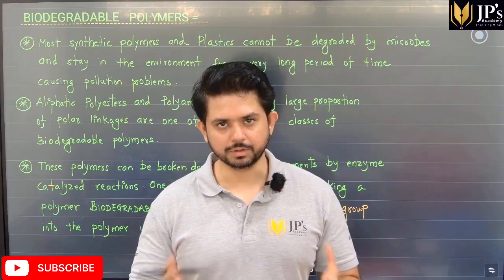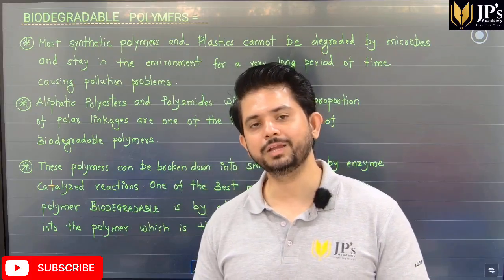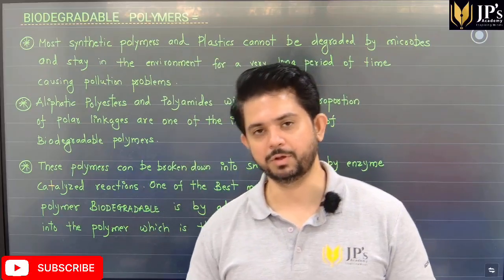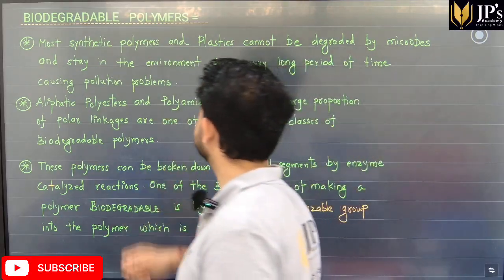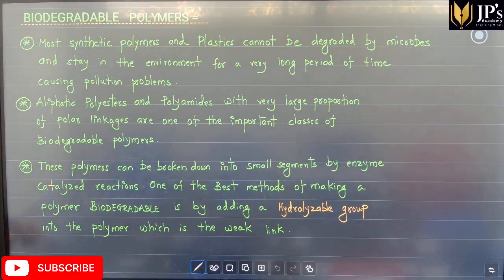We know the pollution because of plastic, and hence we want biodegradable polymers, and we have a list of biodegradable polymers. Most synthetic polymers and plastics cannot be degraded by microbes, and they stay in the environment for a very long period of time, causing pollution problems.